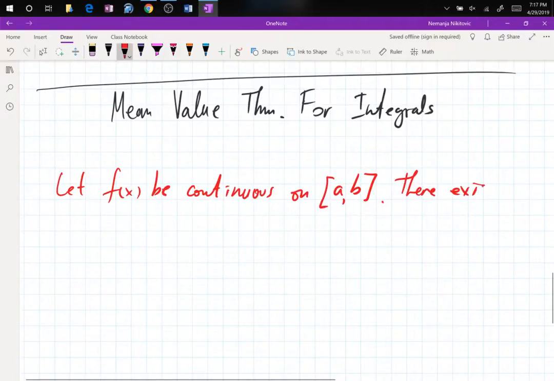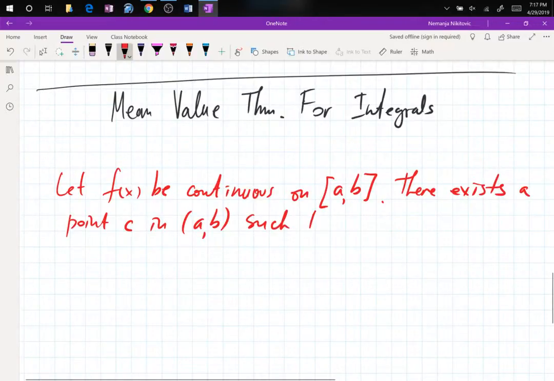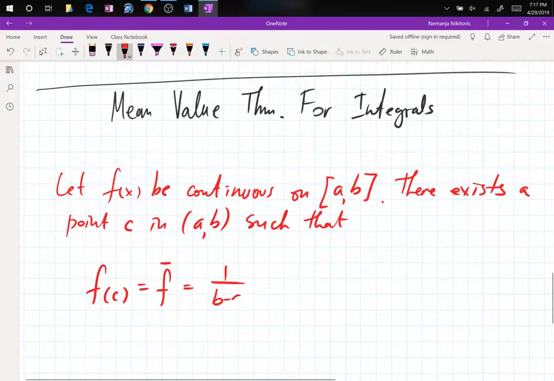There exists a point c in [a, b] such that f of c is equal to the f bar, I'll explain that, 1 over b minus a times the integral from a to b of f of x dx.